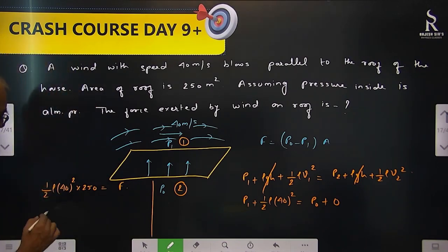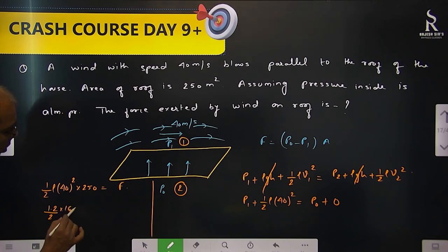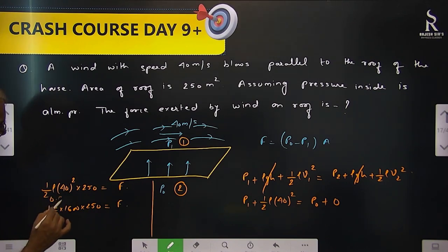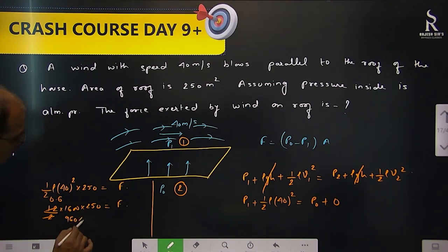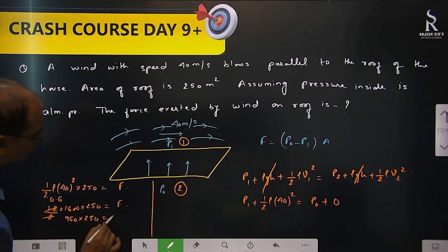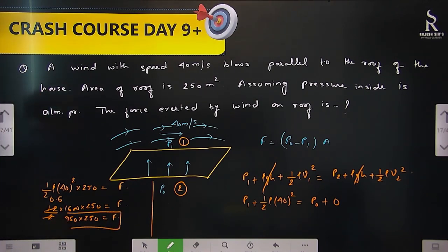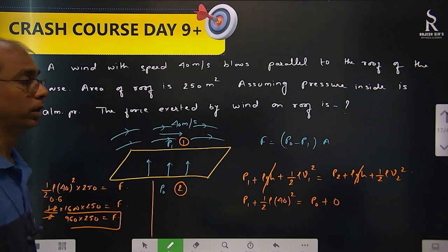So 1.2 by 2 into 1600 into 250. Huge force is there. 0.6 into 1600, so it will be 960 into 250. That many newtons. So this is how the force acts on roofs because of too much wind.